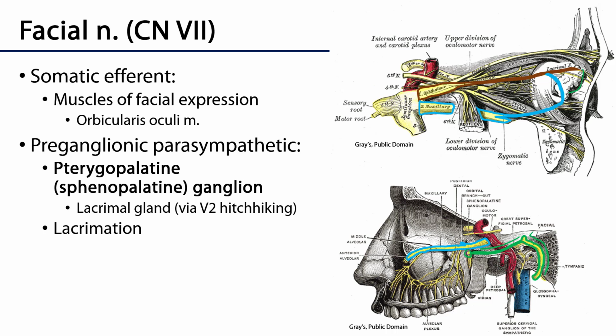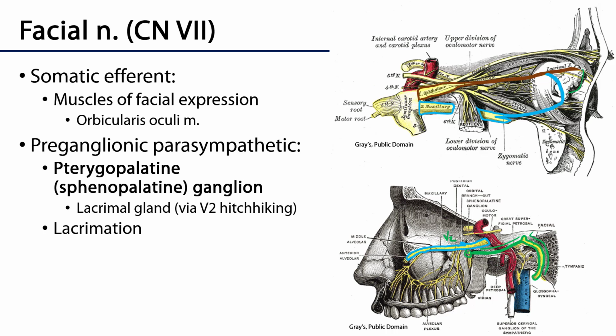So this pterygopalatine ganglion is found in the pterygopalatine fossa. Those preganglionic fibers synapse there, and they're going to hitchhike their way up to the lacrimal gland via branches of the maxillary division of trigeminal nerve, or V2.